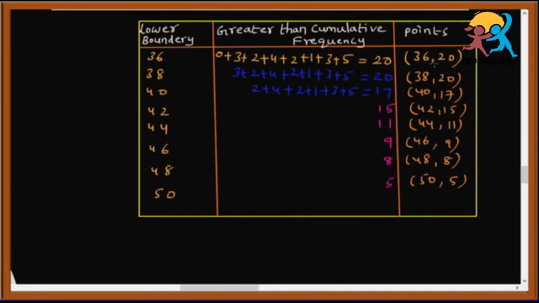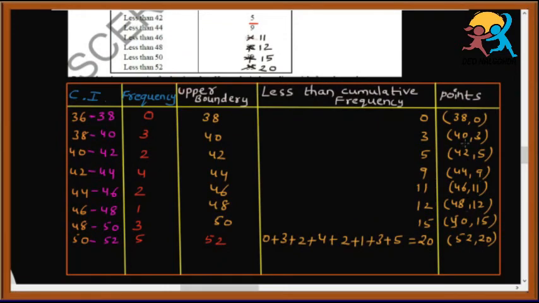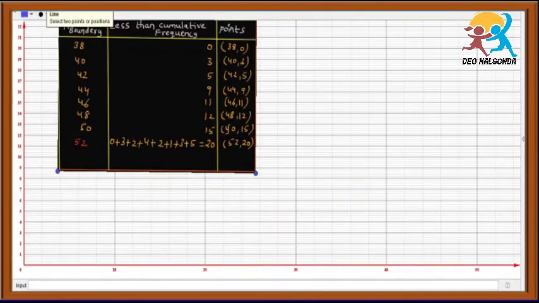So these points are used for drawing the greater than cumulative ogive curve, and these points, here we got some more points, these points are used to draw the graph of less than cumulative ogive graph. So you have to remember these. Now we will draw the graph of less than cumulative ogive graph.